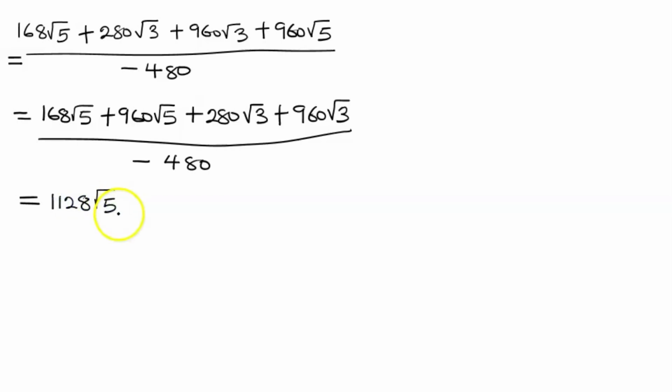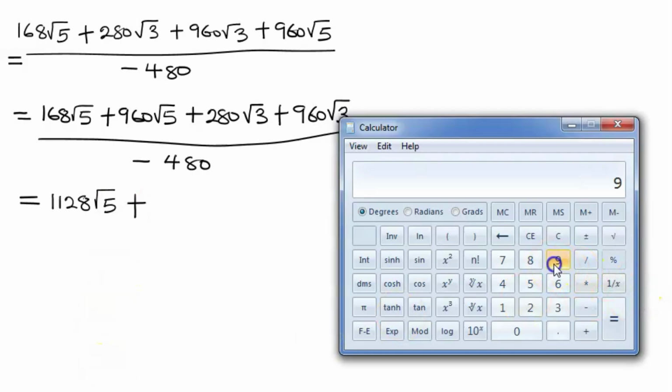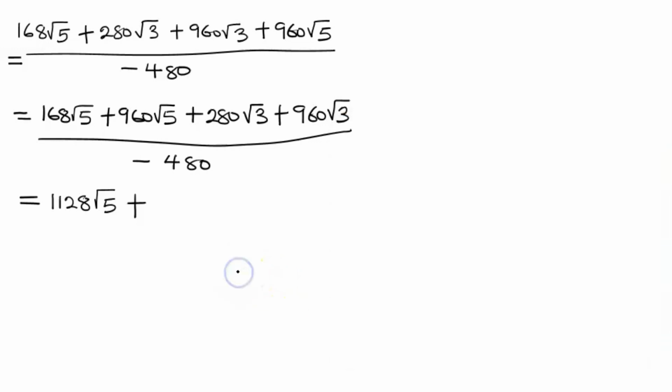Just take one of the roots. Then plus, we're also going to do 960 plus 280. Okay, that's 1240 now. So we have 1240 root 3, all divided by minus 480.